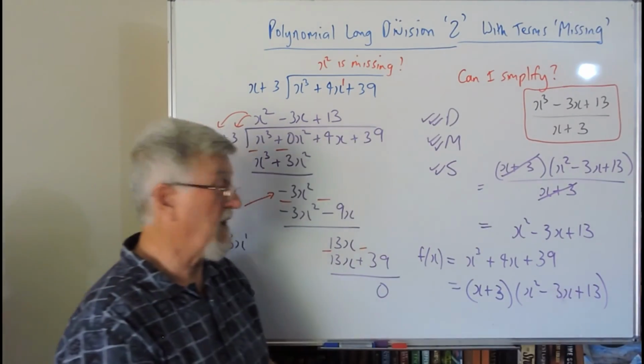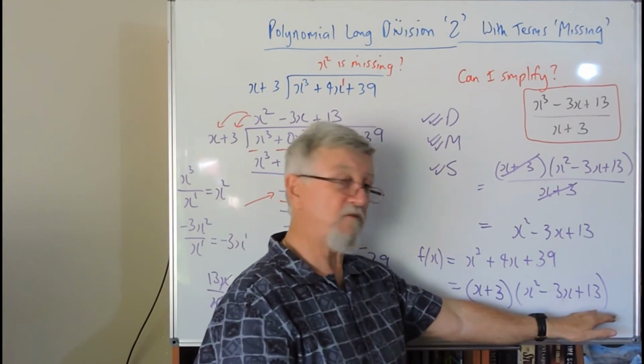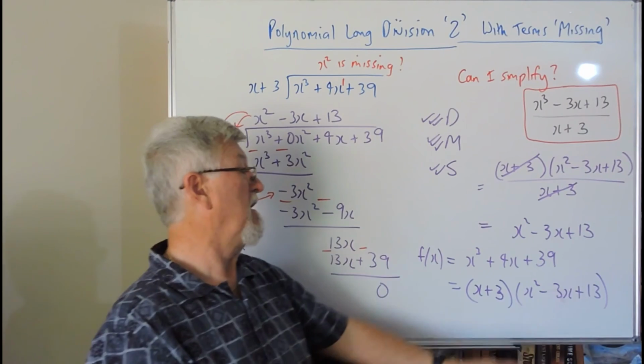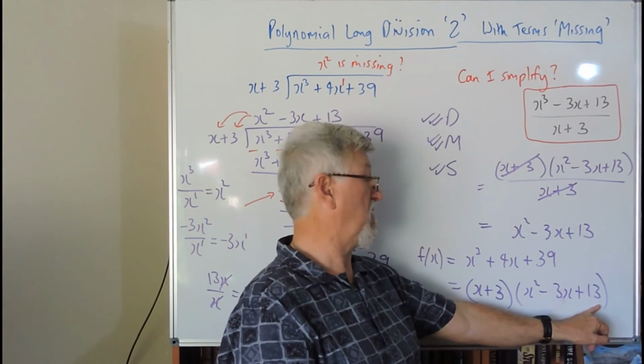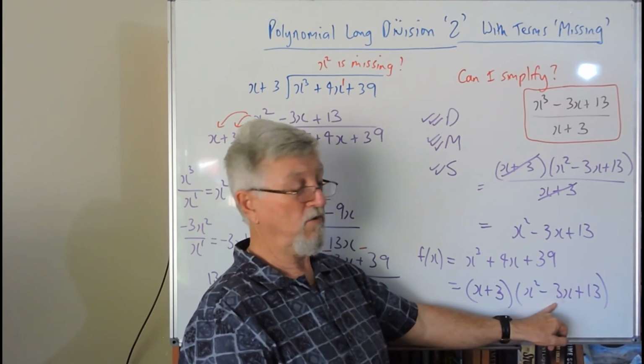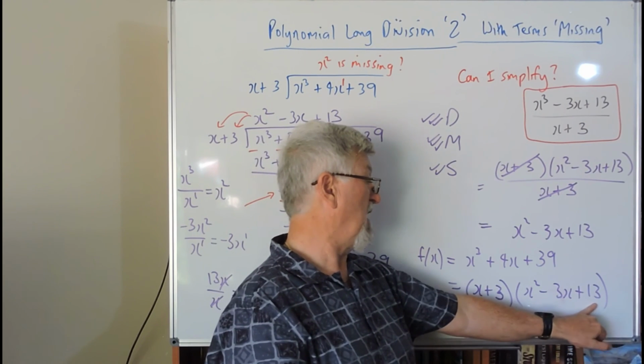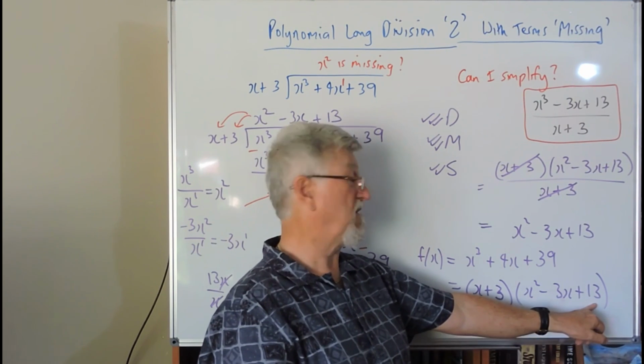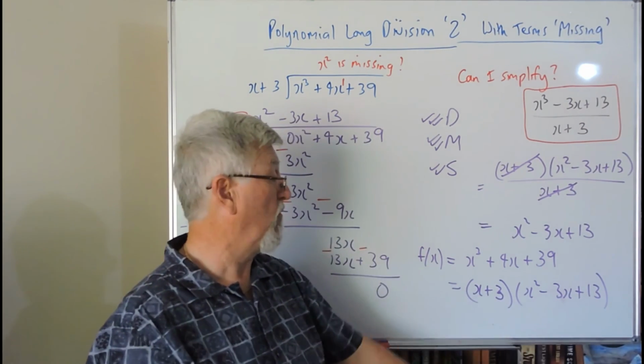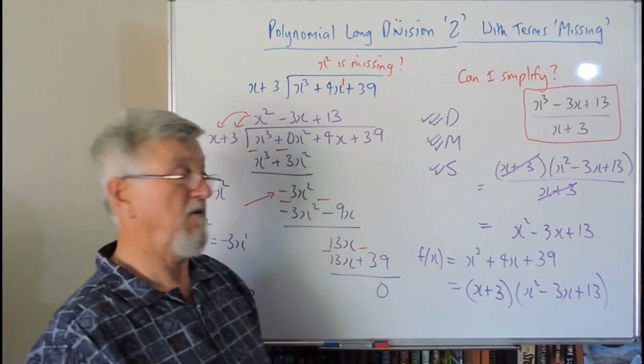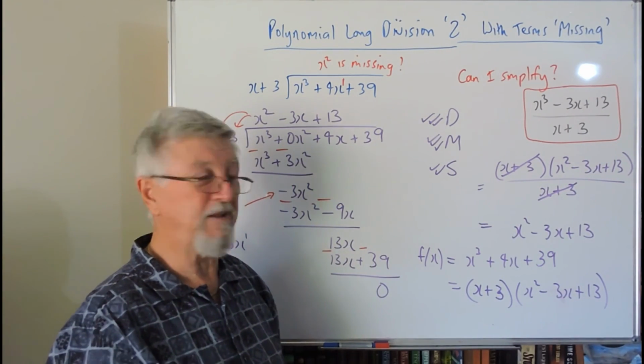And by the way, my brain instantly goes, can I factorise this further? I can look at it and say no, because there's not two numbers that multiply to 13 and add up to minus 3. There's only 1 and 13, which would add up to 14. So if you wanted to go further, you'd have to use the quadratic formula.